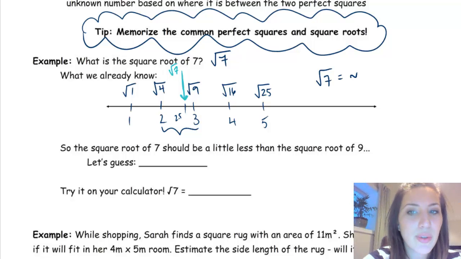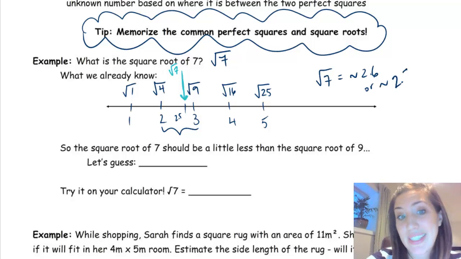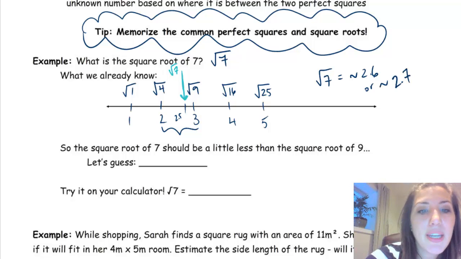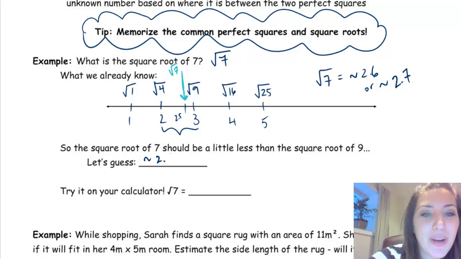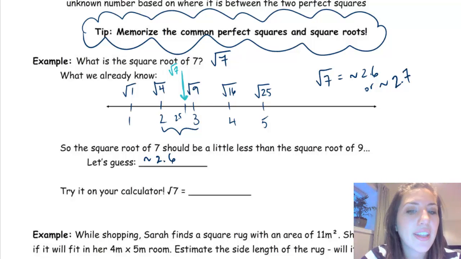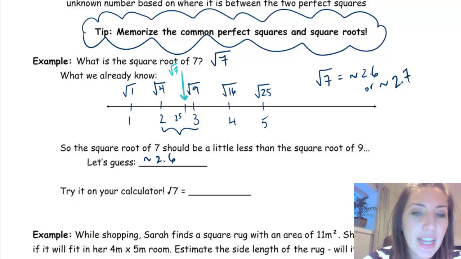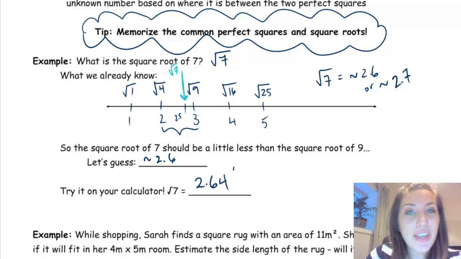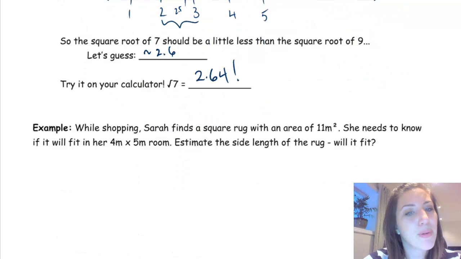I don't know, that little squiggly means approximately 2.6 or approximately 2.7. So I'm going to guess approximately 2.6. If we plug this into our calculator, the square root of 7 is about 2.64. Whoa, that's pretty close to our guess. Good one.